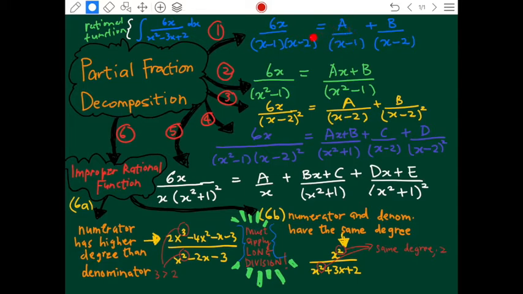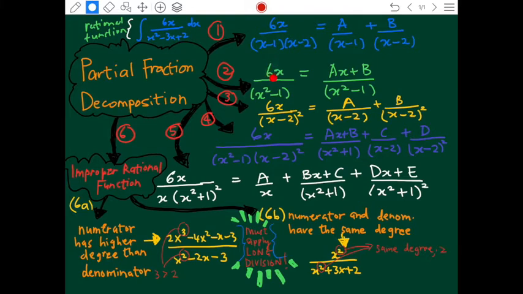So you can break it down into 2 components. The first component is a over x minus 1, plus b over x minus 2. Now let's move to the second type of partial fraction decomposition.